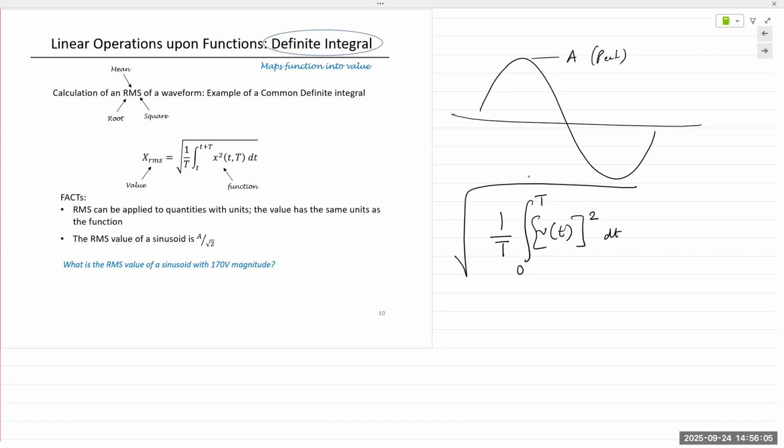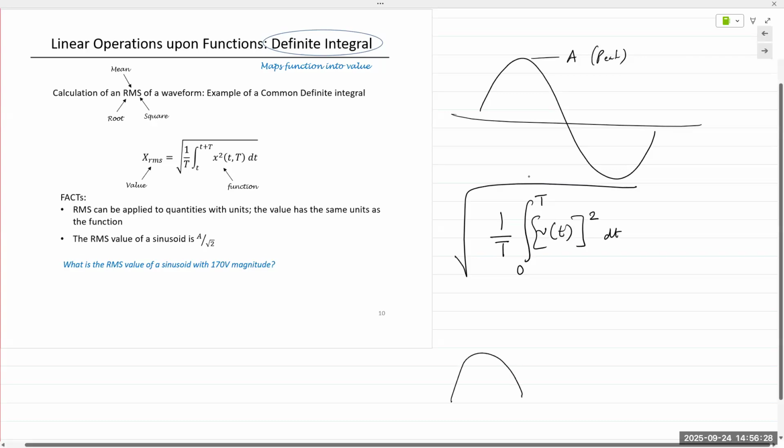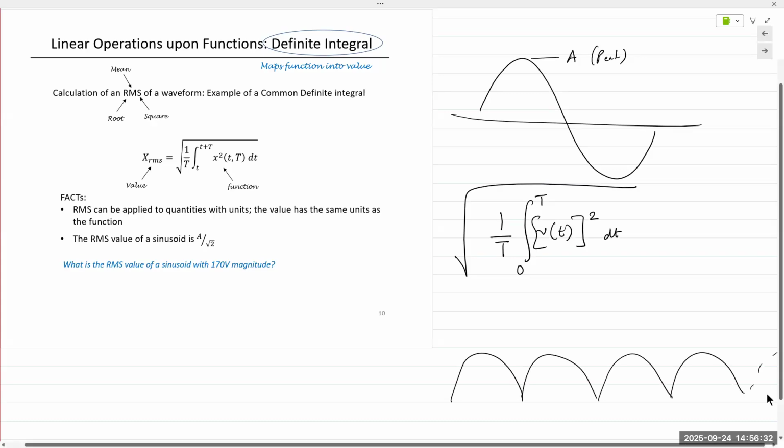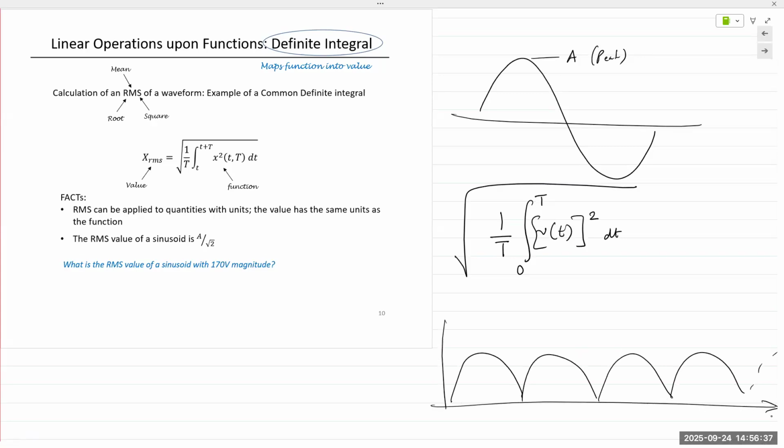So it's not quite the average value, but it describes something similar to that. RMS value is one single point. The way I like to describe it is, let's say you take all these positive and negative peaks, and you flip them all positive. Now they're all positive with respect to t.